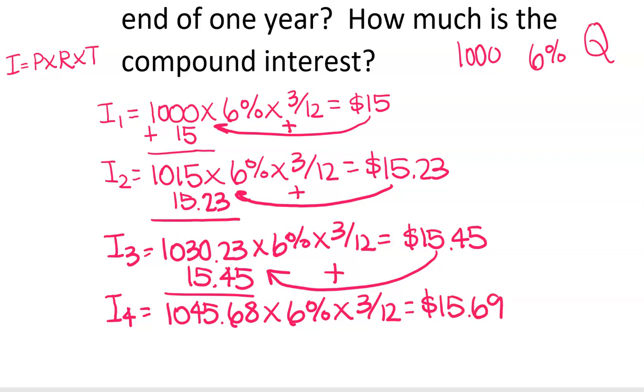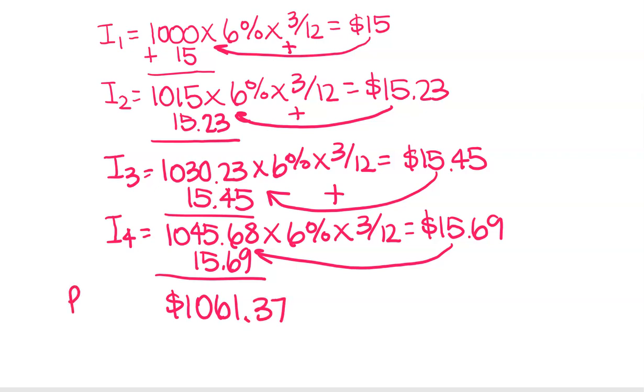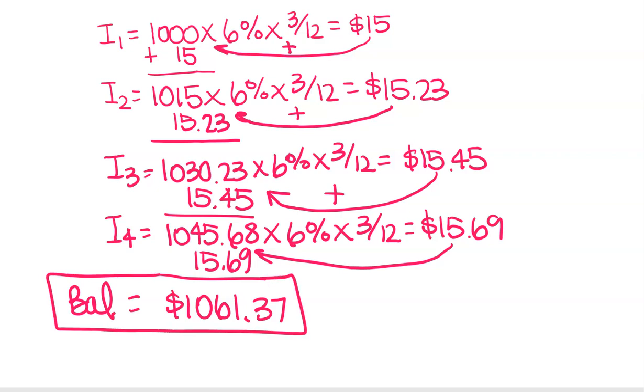So to get the balance at the end, you're going to add it on. $1,061.37. If they want to know how much interest there is, you can do one of two things.